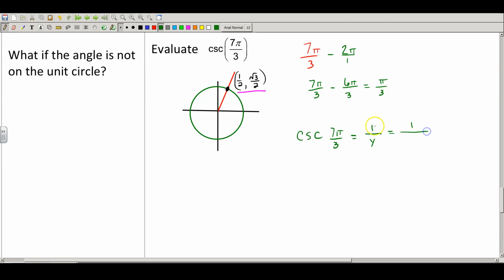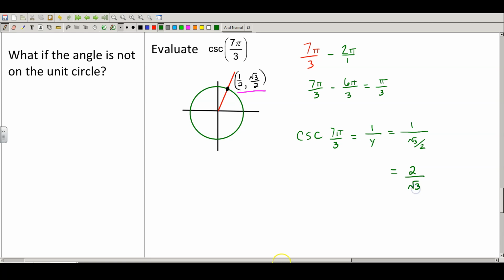Or if we wrote it out with this definition, it would be 1 over √3 over 2. And then you'd have to multiply by the reciprocal, which is essentially just flipping √3 over 2 to change it to 2 over the square root of 3.